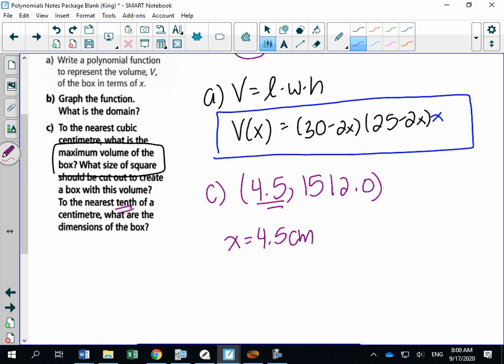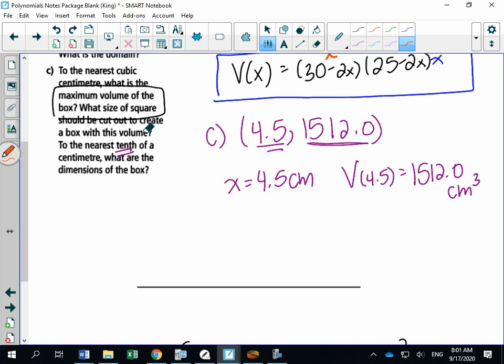And if x is 4.5 centimeters, what they are saying is that the volume of the box, when x is 4.5, the max volume is going to be 1512.0 centimeters cubed. So let's see if these numbers work. So we're going to take 4.5 and we're going to calculate the length, the width, and the height, right? So this is our length, this is our width, this is our height.